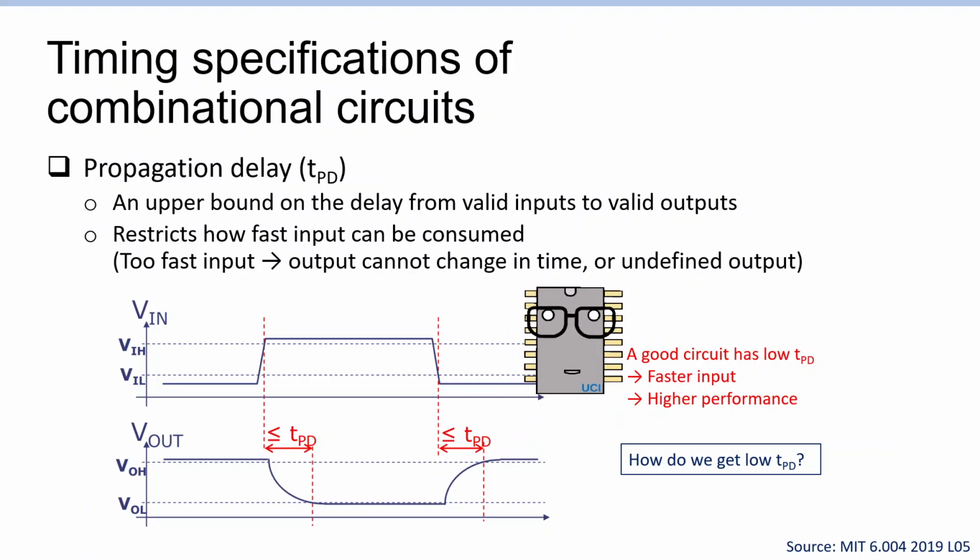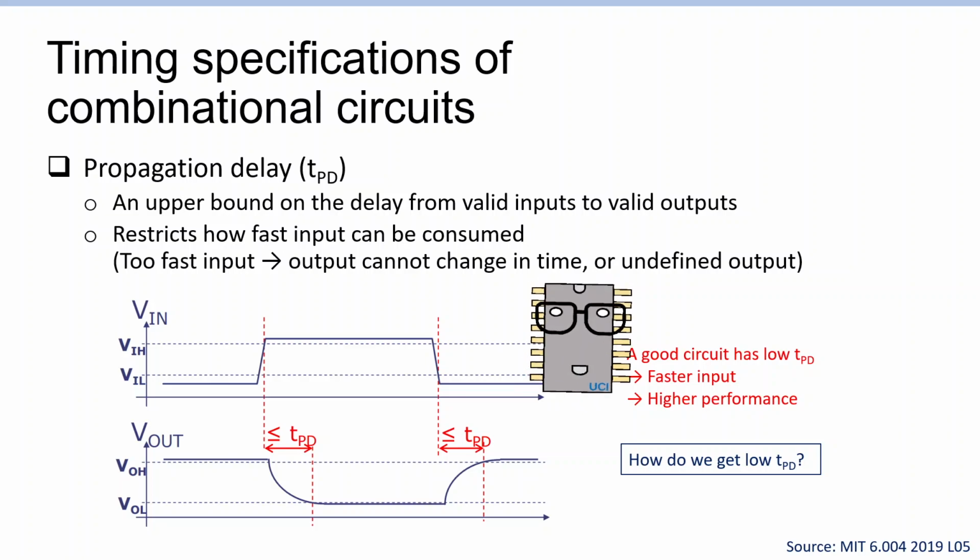And this propagation delay practically restricts how fast input can be consumed, because the input should not change until the propagation delay has passed and the output has become stable.